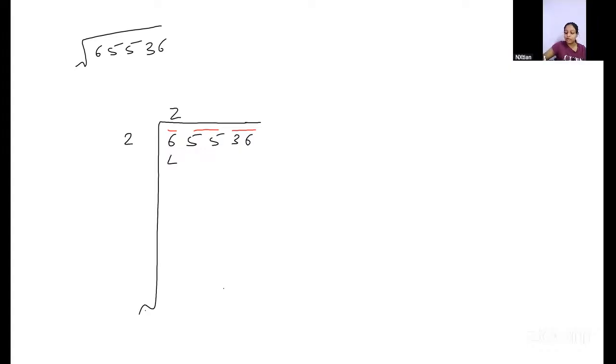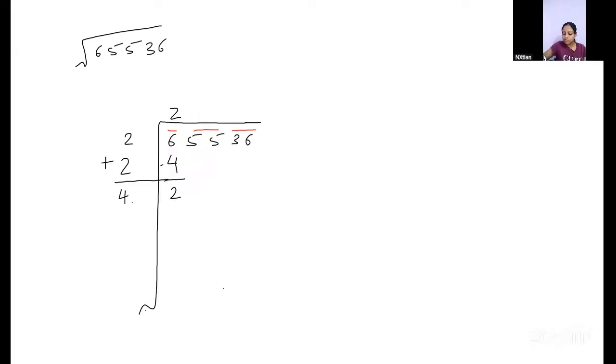Write down 4. Minus it, I will get 2. Now, the quotient that we write up is added to the left side, outside. So 2 plus 2, 4.